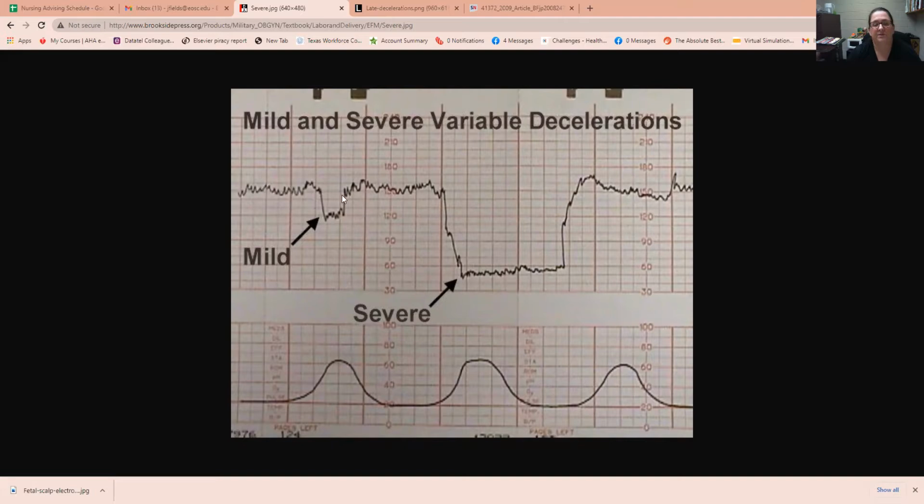We have variable decels, 1 to 120, but we have one down to 50. That lasts about 2 minutes. Recovers, there's shouldering, especially with that one, but it recovers to baseline with probably moderate variability.